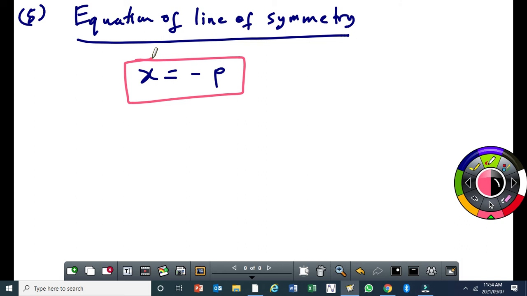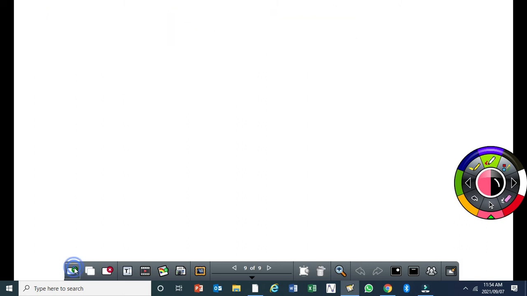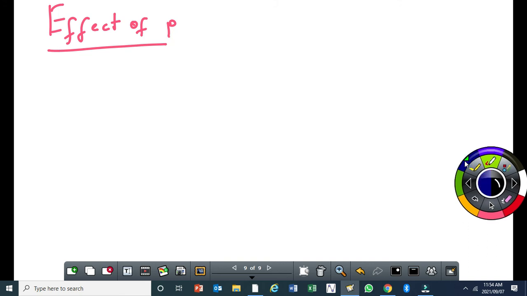Right. Then from here, let's talk about the effect of p. I have already explained the effect of a, which is a repetition of grade 10. p is the only new constant. So let's talk about the effect of p. Okay?